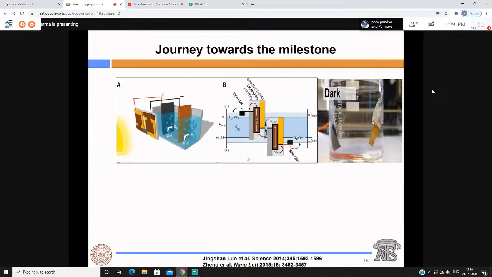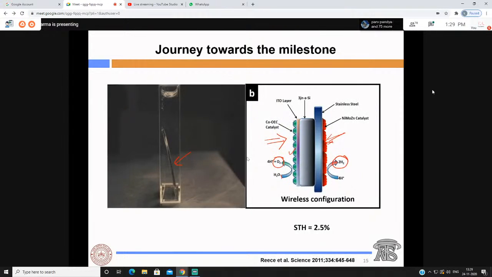In a similar fashion, in the previous case, what we see is that this device is made up of a silicon solar cell and the oxygen and hydrogen evolution catalyst.